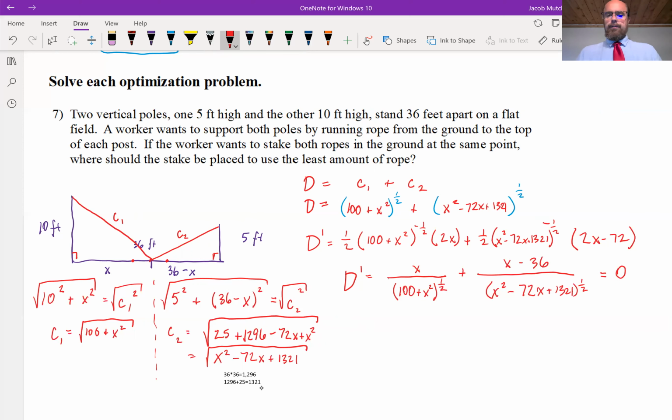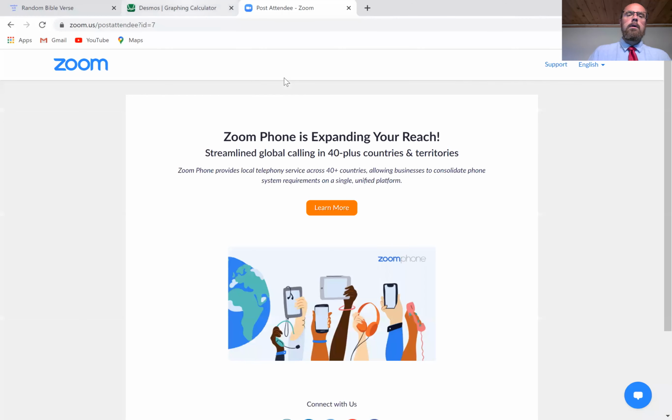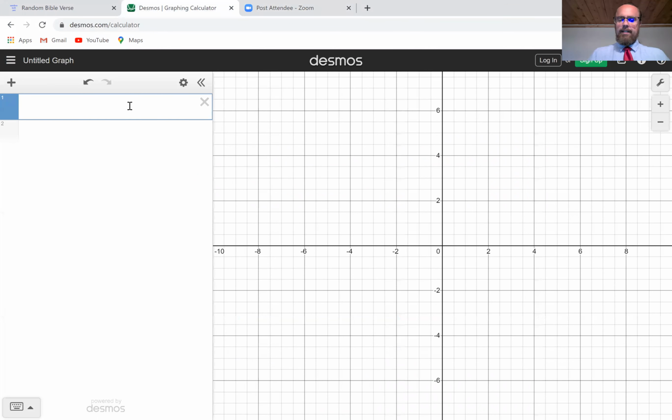Now, the solution for this question is a lot of algebra. So another strategy we could use is to take this to a graphing calculator and just find where it's crossing the x-axis. So I'm going to take this over there just to simplify the solution process. I'm going to take that function we just wrote.